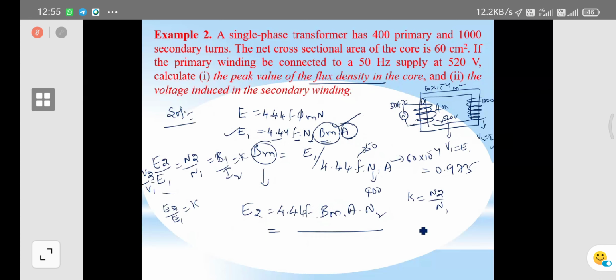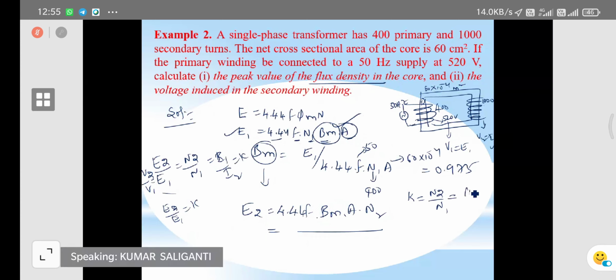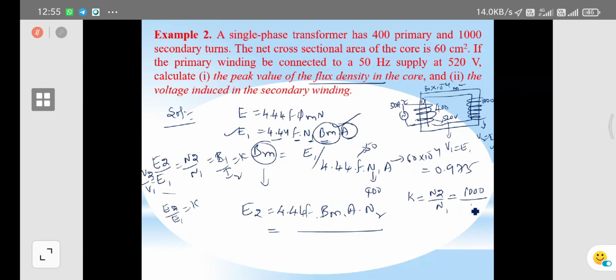So how much is N2? That is 1000, and N1 is 400. The K value equals 1000 by 400, that is 2.5. So you know the K value. From this, E2 equals K into E1. K equals 2.5, and E1 is 520.